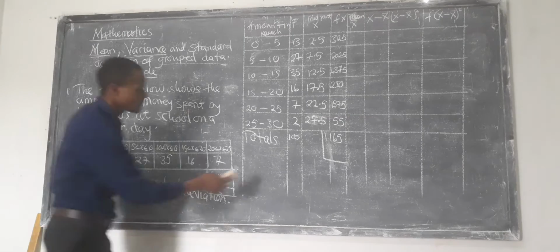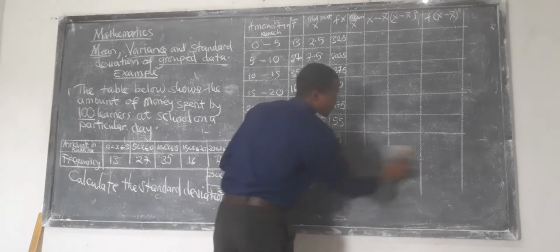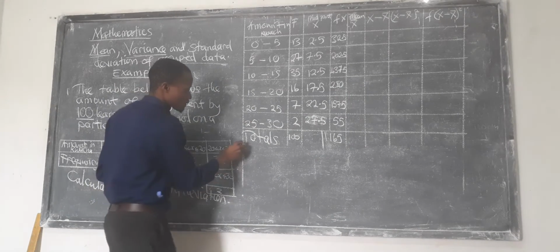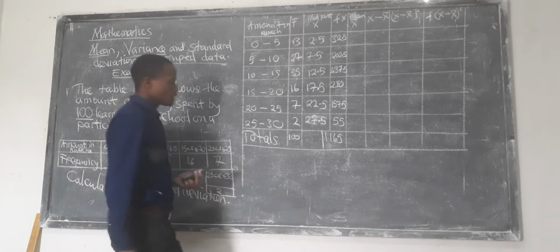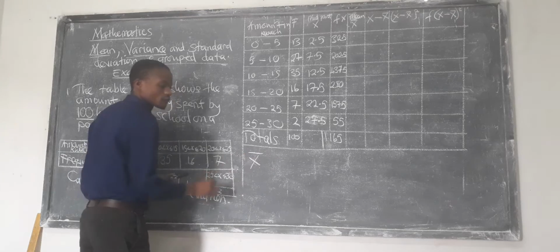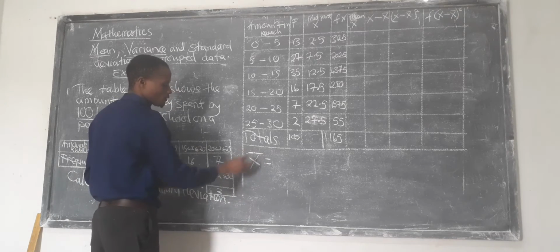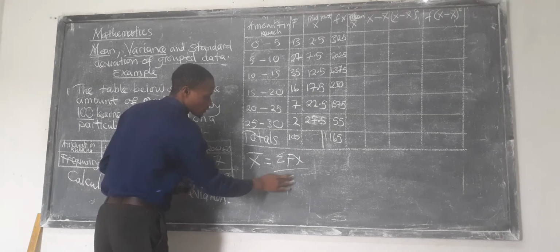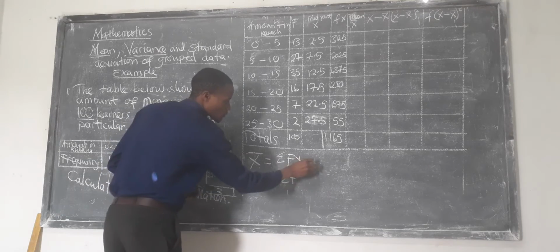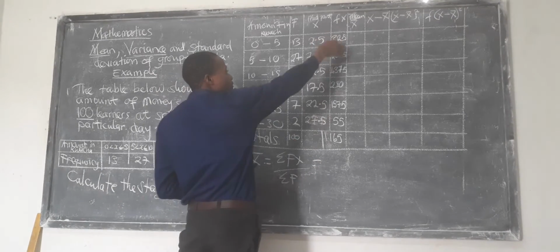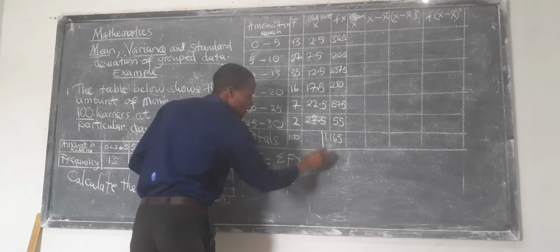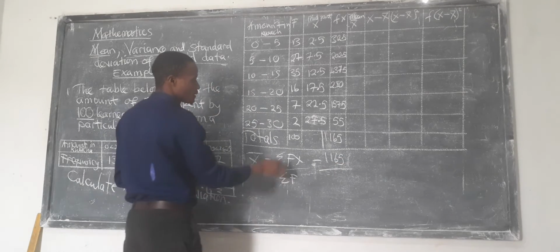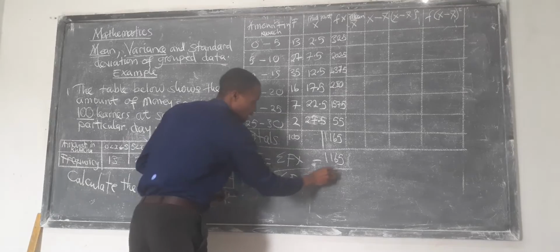So now to find the mean, we use the formula. Mean of grouped data is equal to the summation of fx over the summation of frequency. The summation of fx, the answer we get when we add all these numbers, is 1,165, over the total frequency, which is 100.